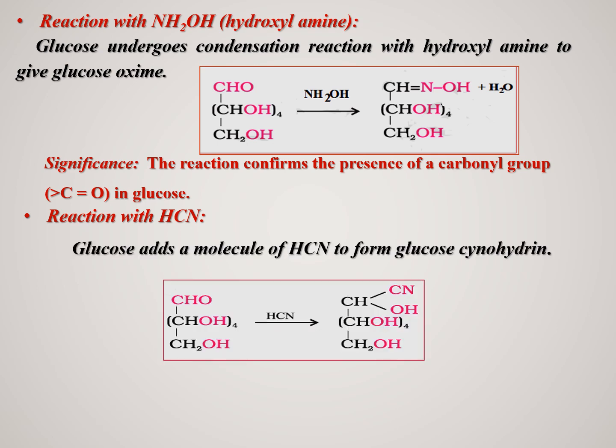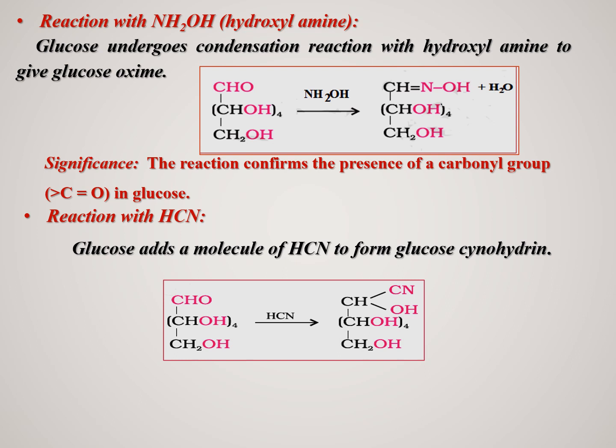If you take glucose and allow it to react with hydrogen cyanide, you are going to get a product which is called glucose cyanohydrin. What has happened?